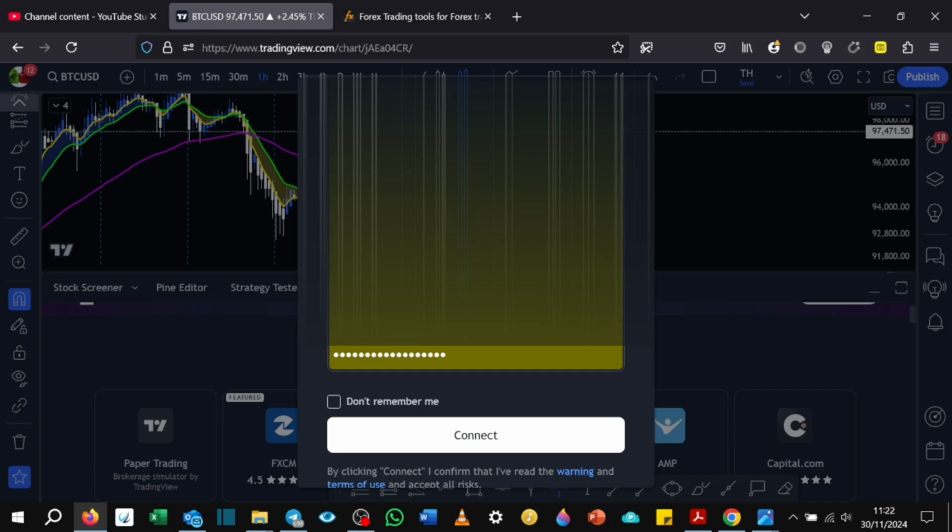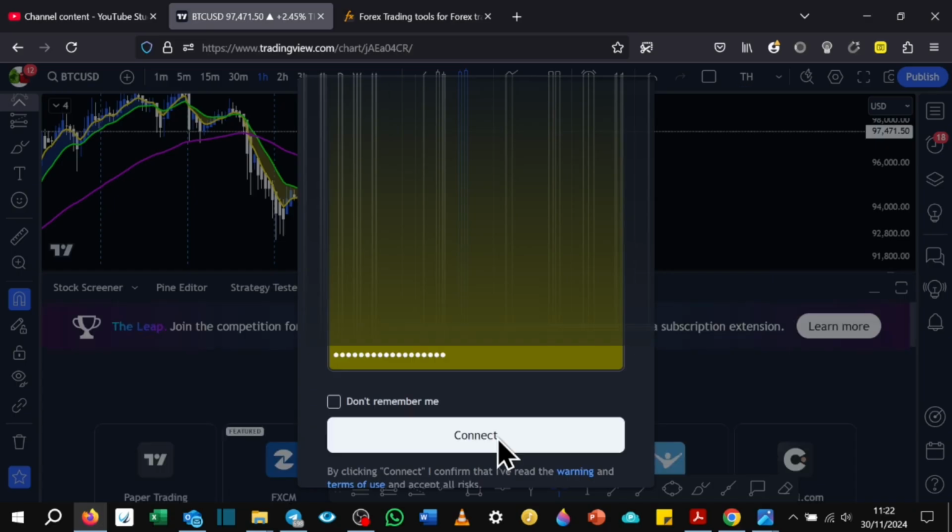What I'm going to do is log in as demo just because I want to test this out because it's going to be completely different. You shouldn't really just jump into a whole new platform and trade on live straight away. So let's connect.